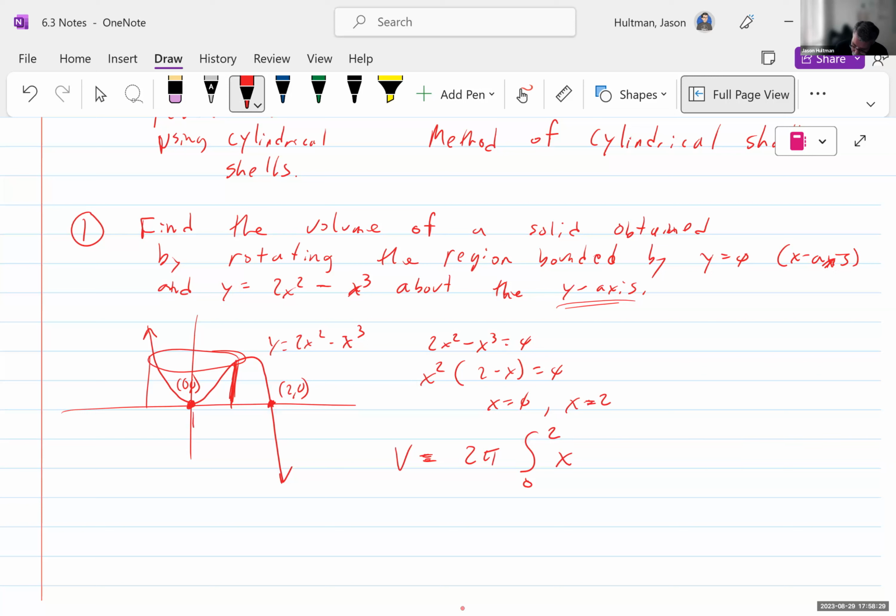My radius is out x, and then what's my height? My height is up f of x. And what was f of x? It's just my function here, 2x squared minus x cubed, and then dx. Okay, and so easy peasy.